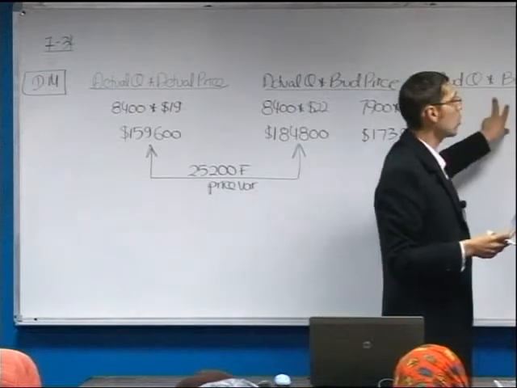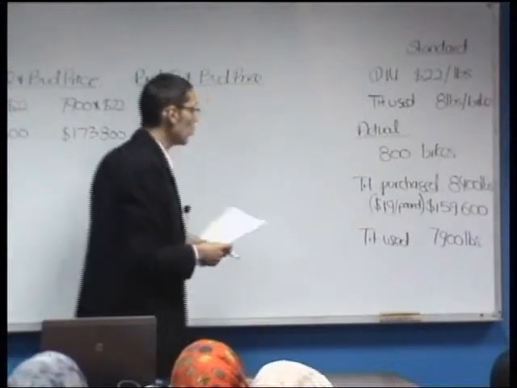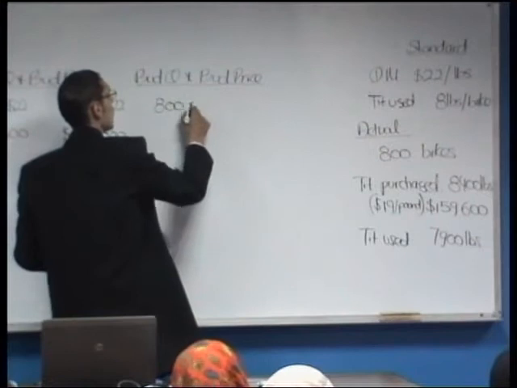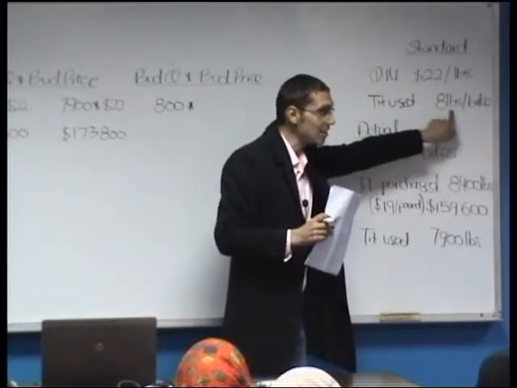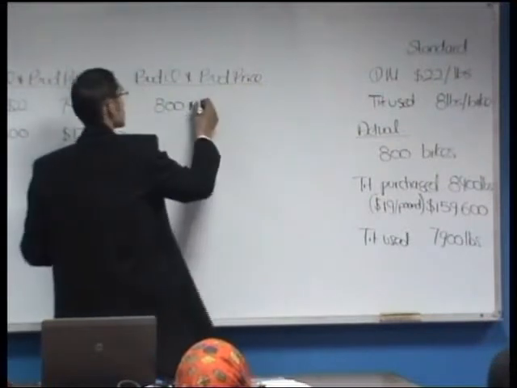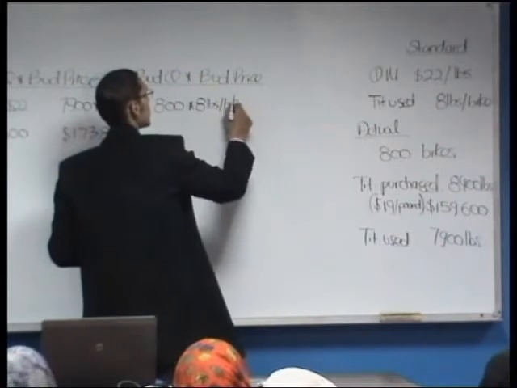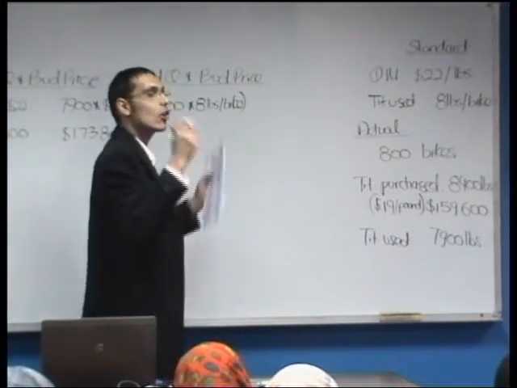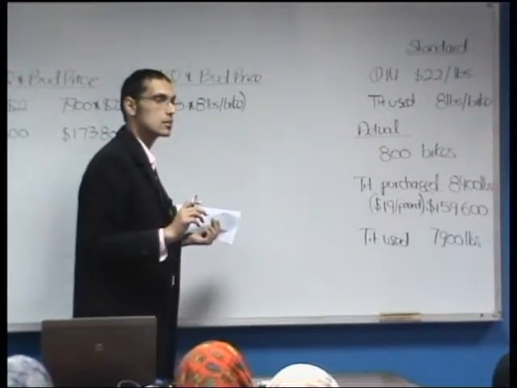Now, according to our flexible budget, we produced 800 bikes. Each bike uses up, as a standard, 8 pounds. This is the budgeted quantity according to our expectations, according to the 800 bikes.